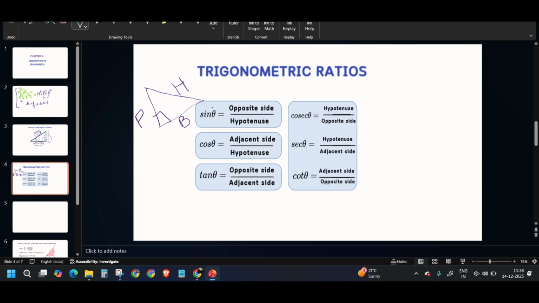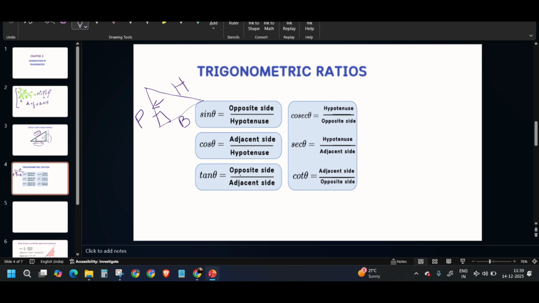So sine theta will be opposite side by hypotenuse. What is the opposite side? That is the perpendicular. So the ratio of opposite side by hypotenuse will provide us sine theta. What is cos theta? Cos theta is the adjacent side, that is the base, over hypotenuse.